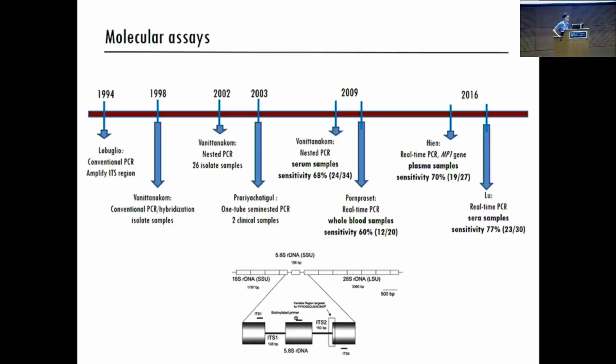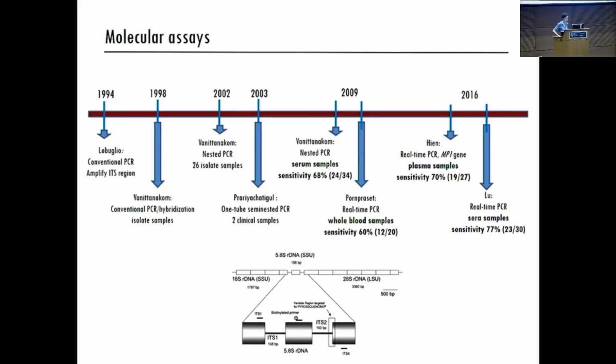In terms of molecular assays, PCR has been developed, and we developed one here that was published last year. The problem with PCR for fungal infection is that PCR is very specific because it's molecular based, but sensitivity is not good because we don't have a high fungal load in the blood.